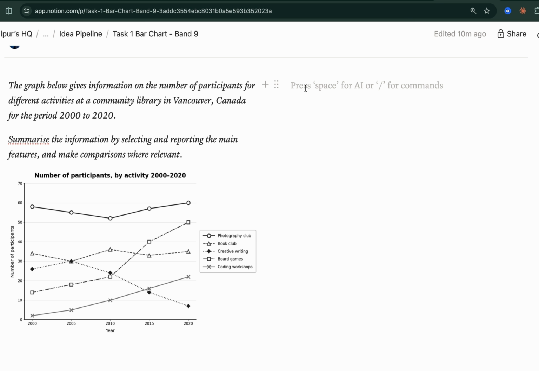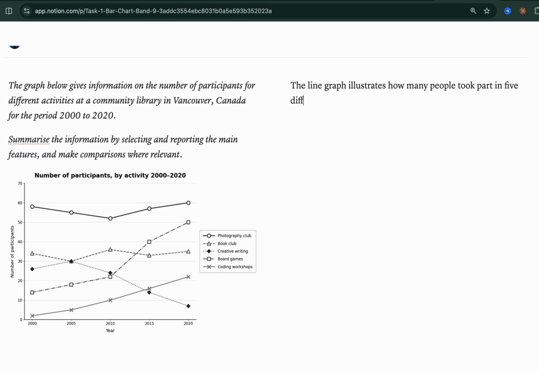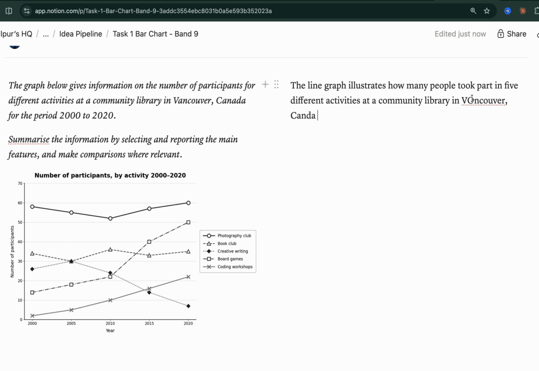That is why my introduction for this particular question is going to be: the line graph illustrates how many people took part in 5 different activities at a community library in Vancouver, Canada, over the 20-year period.